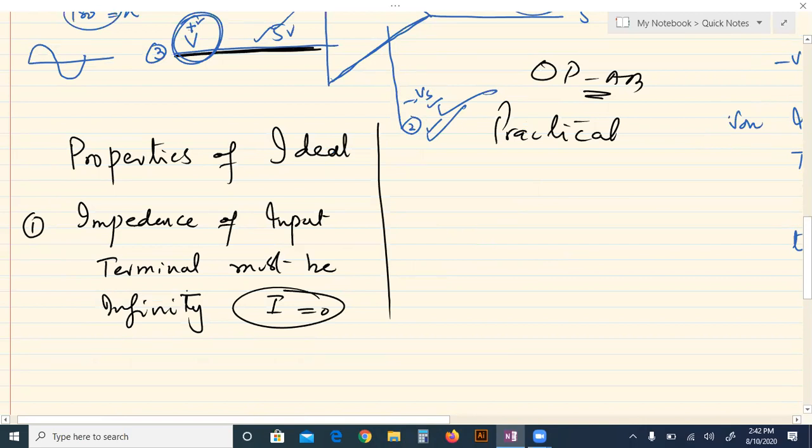But practically, when it is made and its impedance is calculated, it was approximately 10 power 6 to 10 power 12 ohm. This is also too much.